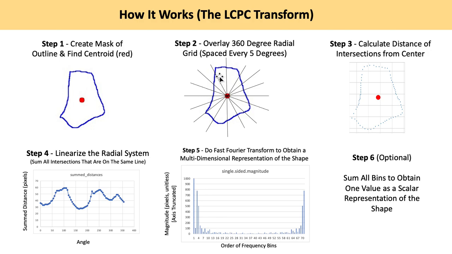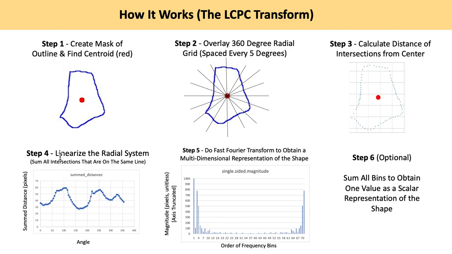That is, Shape Genie will find the center of the bounding box that encapsulates your shape, and the center of that rectangular box will be the origin of a 360 radial grid, and the software will then look for every intersection between the radial line and the edge of your object, as seen in step 3. It will then measure the distance between every single intersection to the red dot, and then it will turn this figure into a 2-dimensional series of x and y coordinates.